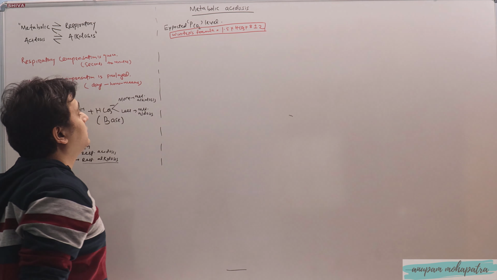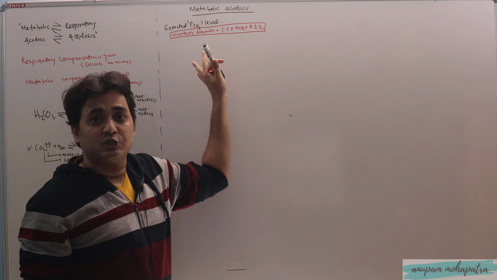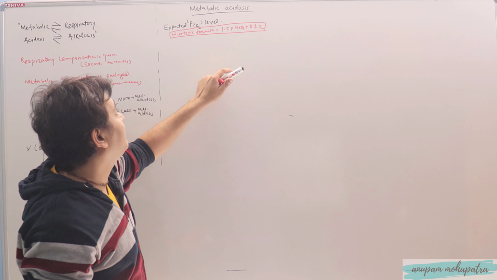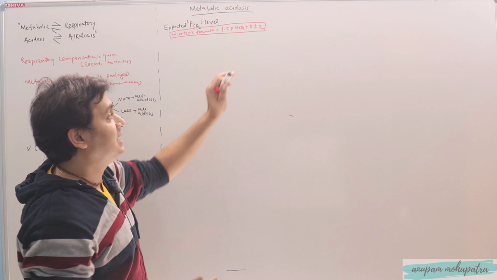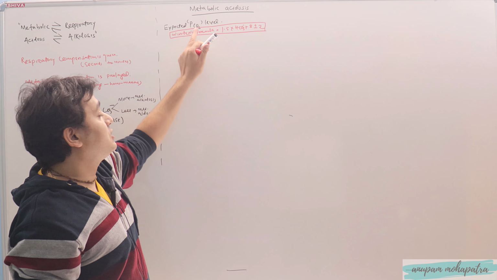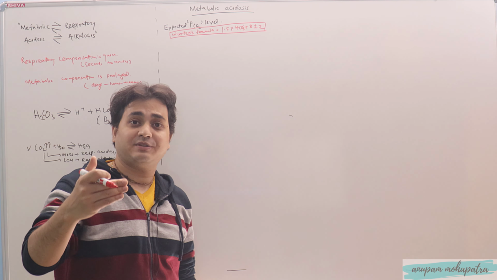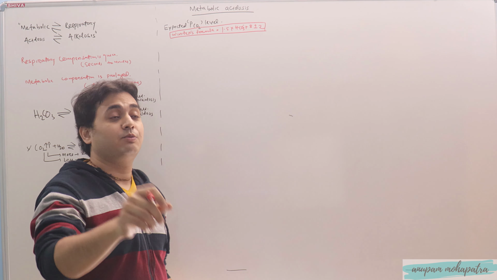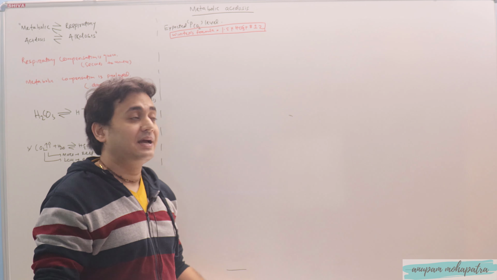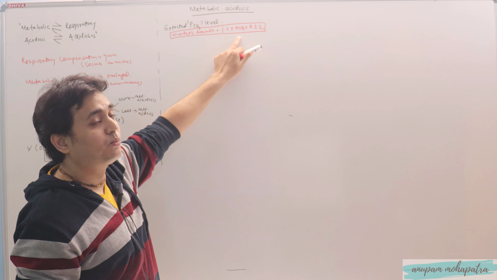Right. So this is the formula of expected PCO2, and you will have an ABG strip along with you. In that ABG strip there will be a bicarbonate level. That bicarbonate level you have to put here and calculate the expected PCO2. In that same ABG strip that you are having in your hand, there will be a level of PCO2. That is the actual PCO2 in the ABG, and this is the expected you will find from this formula.